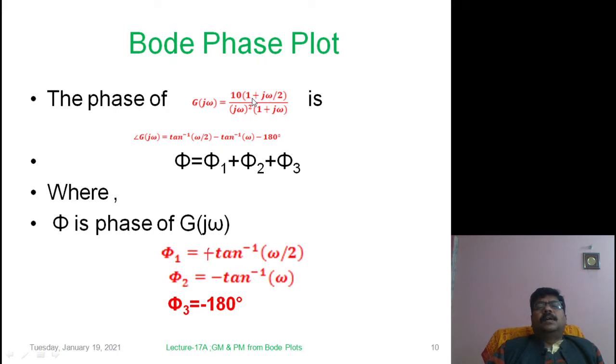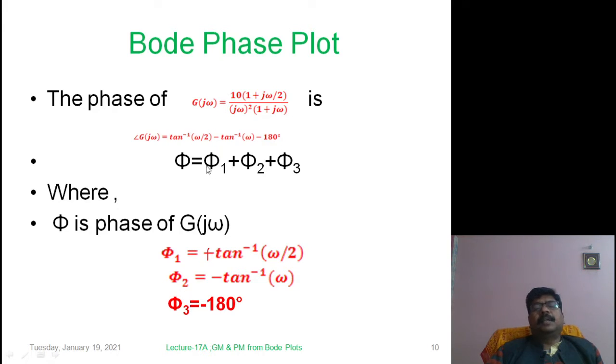While 1 plus j omega by 2 will be contributing angle tan inverse omega by 2, 1 upon j omega whole square will be contributing minus 180 degrees. 1 plus j omega will be contributing angle minus tan inverse omega. So these are the angles contributed by the different factors.